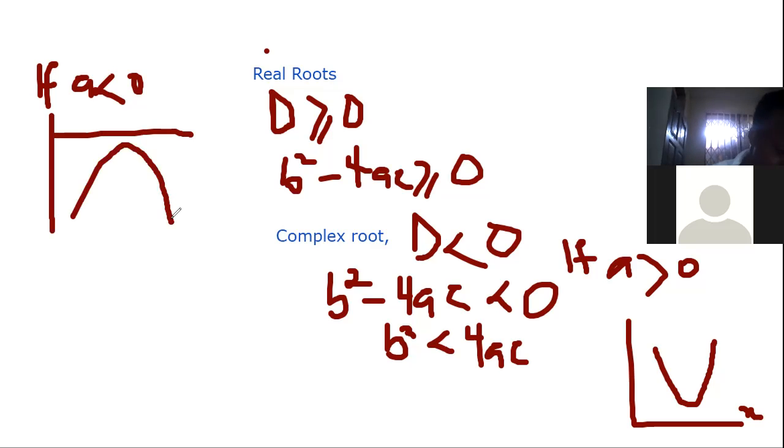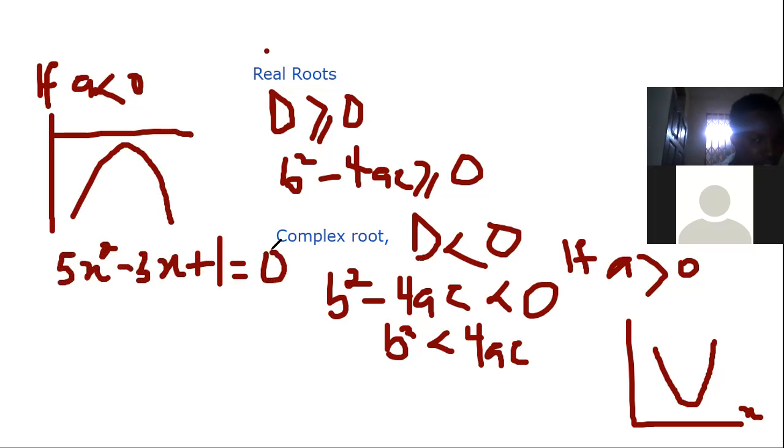Now let's try an example. So when you have 5x squared minus 3x plus 1 is equal to 0, then you know that a is equal to 5, b is equal to negative 3, and c is equal to 1.